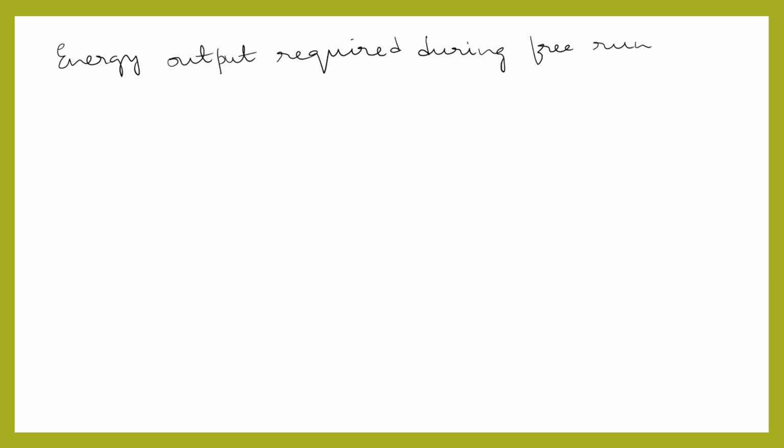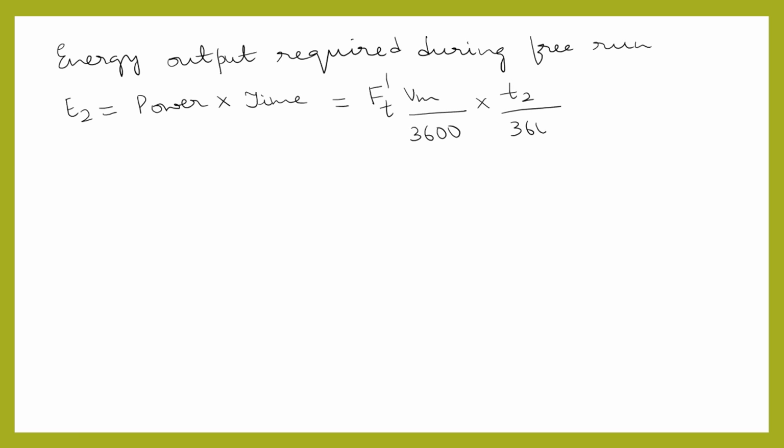Similarly, output energy required during free run is E2 equal to power into time, that is Ft dash Vm by 3600 into T2 by 3600 kilowatt hour.